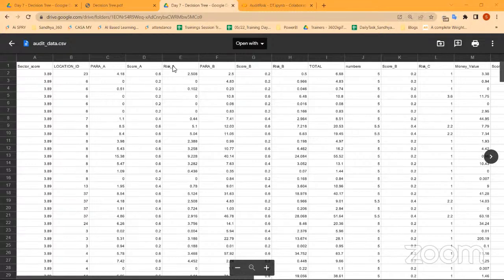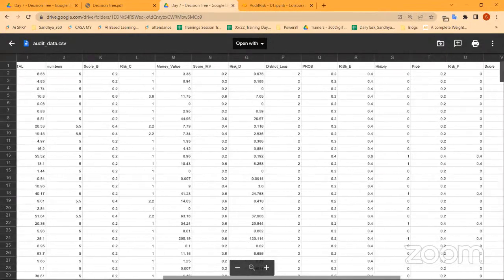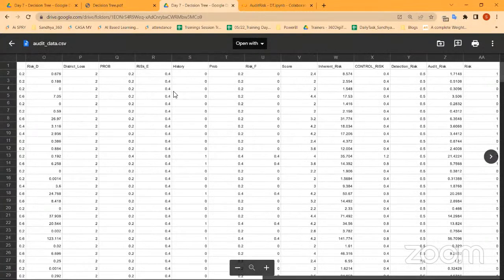And then we have various parameters and scores. You can also see some Risk A, Risk B, Risk C, and we also have Risk D, right? And at the end, you also have the types of risk. So by computing all these probabilities and the various risks, we are now coming up with inherent risk, control risk, and detection risk, which we discussed in the previous session.